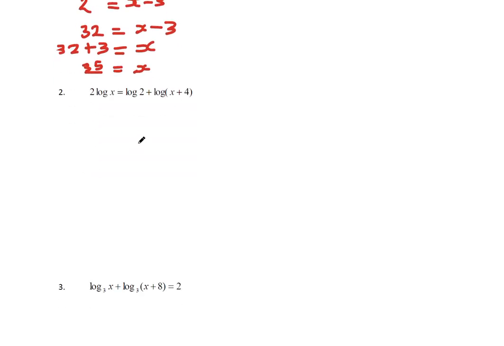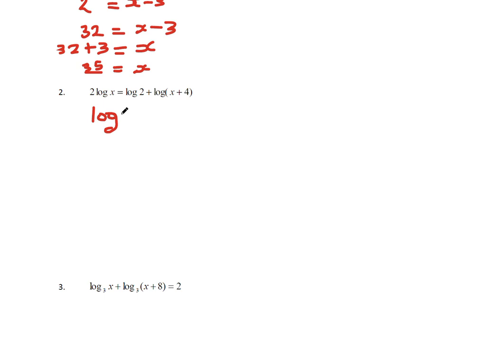In the second equation, this one is a little bit more involved. So when you're solving logarithmic equations, as I indicated, you first condense the logarithmic equation and then solve by expressing it in exponential form and solving from there.